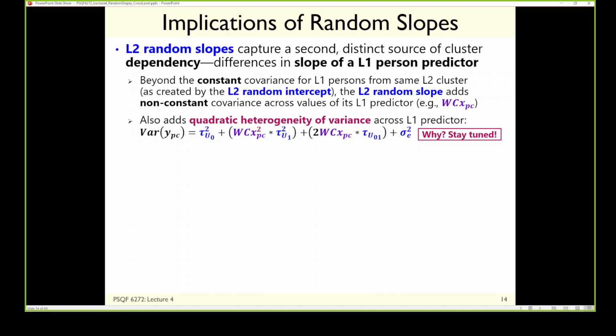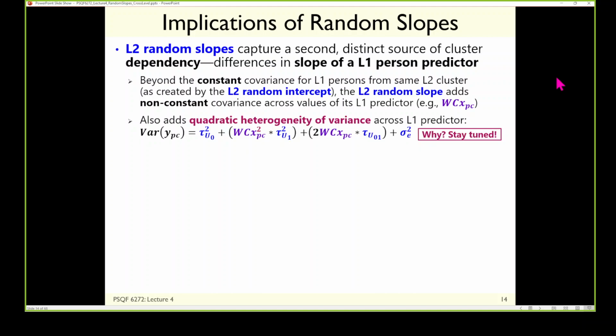What's happening under the hood, though, and I will show you the math as to why it is this way, this is the end result: we are introducing heterogeneity of variance in our outcome. Random slopes create different variances depending on what your standing is on the level 1 predictor that has the random slope. And the pattern of heterogeneity is quite specific.